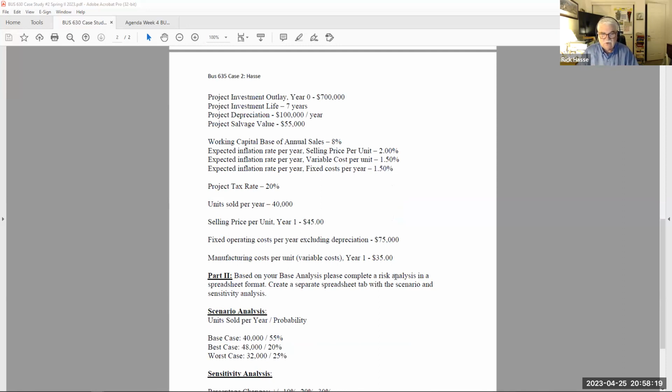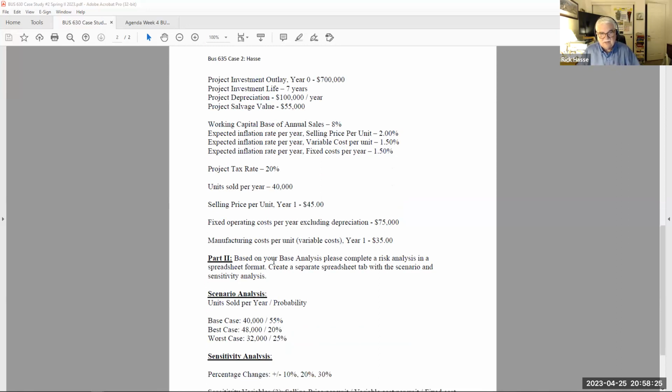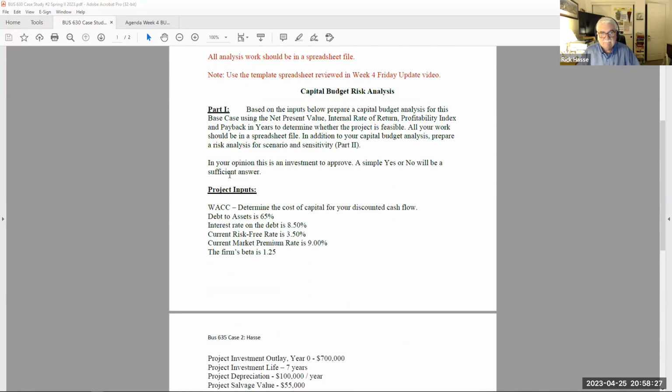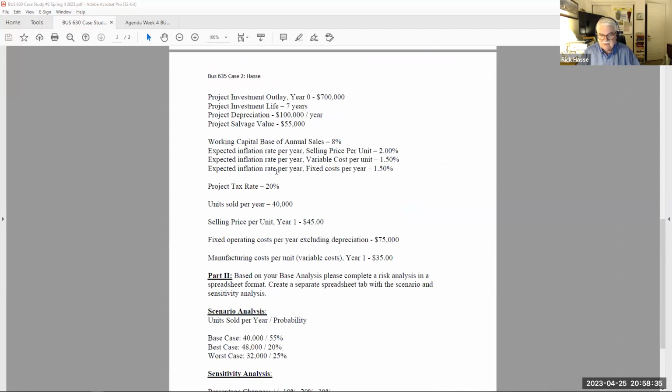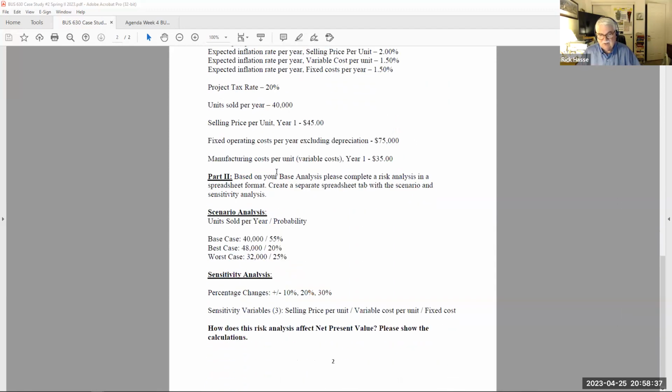With that information, you can project the cash flow and determine the return, using the net present value, internal rate of return, profitability index, and payback methods. Once that is done, the final tab on the spreadsheet template is to prepare a risk analysis using scenario and sensitivity as determining your risk.